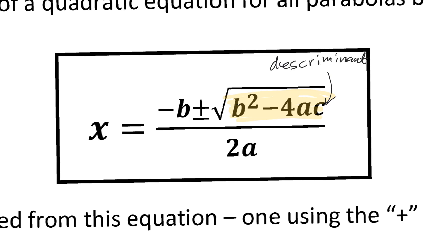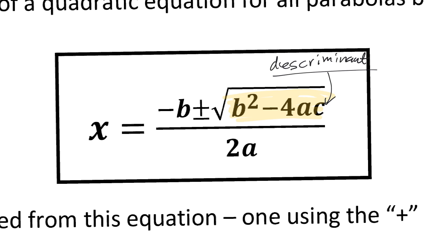Now, the reason why it's called the discriminant is because it helps us separate what happens with our graph. It actually tells us whether the graph is above the x-axis, touching the x-axis, or below the x-axis, depending on which orientation you're using.